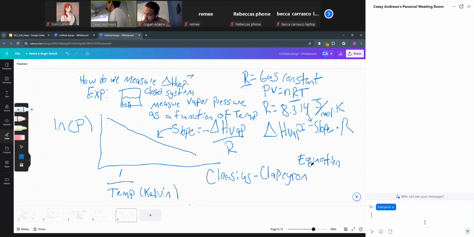So I could see myself giving you this graph, telling you what the slope is, and then asking you, what's delta H for me, please? And all you do is take your slope, whatever the value is, put a negative sign in front of it, multiplied by R.